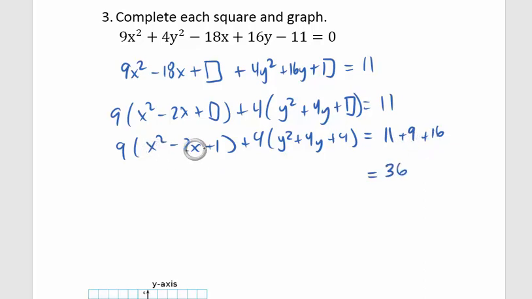Now let's write these out as perfect squares, because that's what they are now. So this will be 9 times x minus 1 squared, and this will be 4 times y plus 2 squared. I need a 1 here, so my next step would be divide everything by 36.